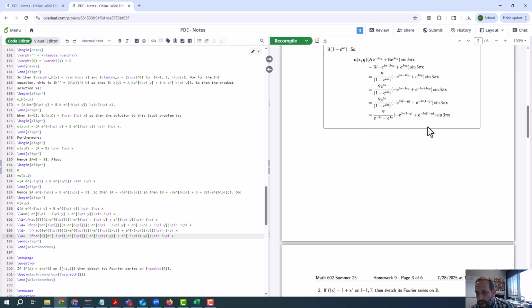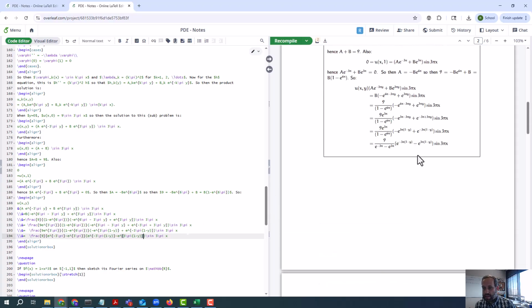And then now I'm going to reorder this. I've got a minus sign there and a plus sign. I don't really like having minus plus. I'd rather just have it as a subtraction. So let's see. I'm going to get rid of this like that. Do a little of this and a little of that. And this is what we get.